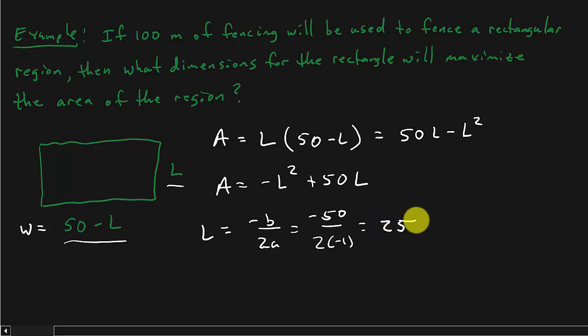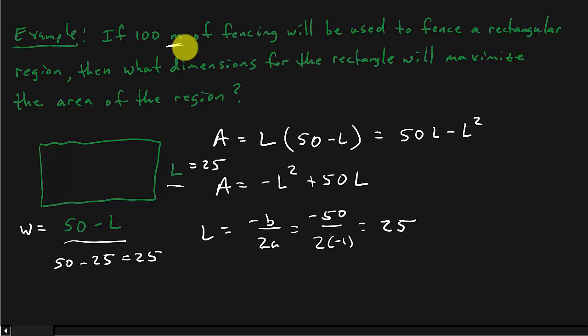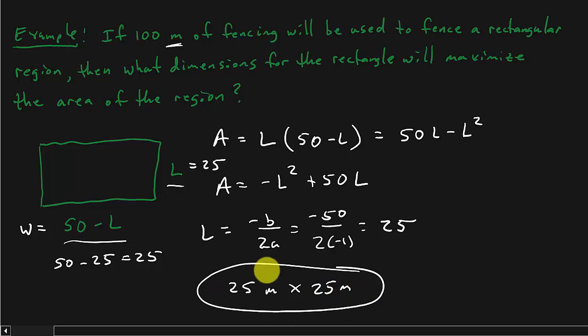So this dimension is going to be 25, and this dimension is going to be 50 minus 25, which equals 25. So the dimensions that give me a maximum area, and this is in meters, so that's going to be 25 meters by 25 meters. It's a square.